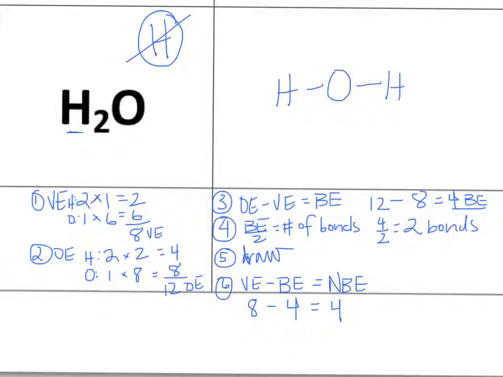So then we will go up here and we will make sure that everything has octet. So obviously the hydrogen has octet because it only needs 2. So then that also means that each of these is 2. So right now the oxygen has 4, and 5, 6, 7, 8. And that covers our 4 non-bonding electrons.